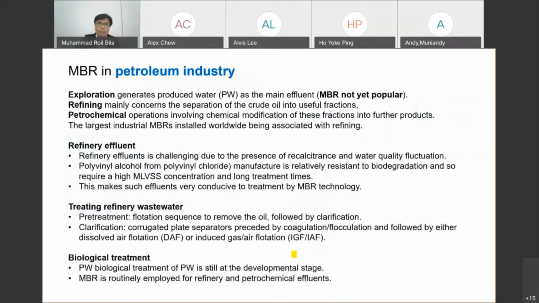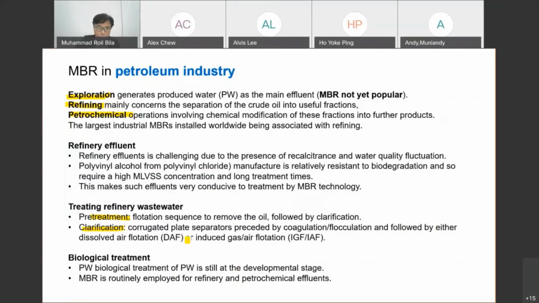And then we also have MBR in petrochemicals, less in exploration, more in refineries and petrochemicals. It's very important to mention that we need a lot of pre-treatment because the wastewater contains some dissolved oil and emulsified oil. When that happens, we need pre-treatment.